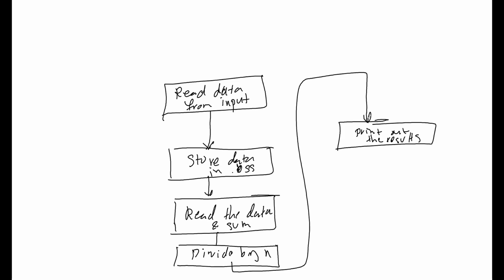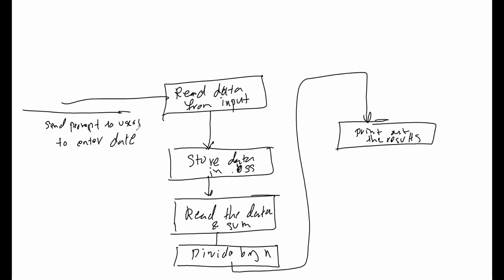This is the whole process that we need to do, but for each of these blocks, everybody may do different things, right? For example, read the data can be broken out into a bigger block. To do this, you send a prompt message to the user to enter data, right?